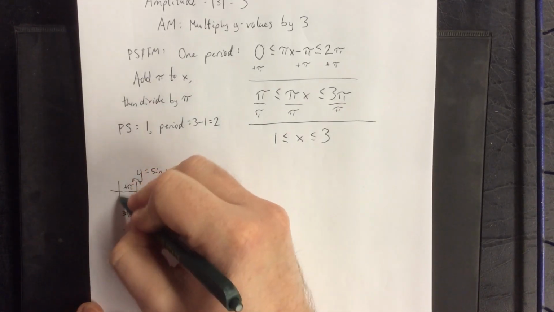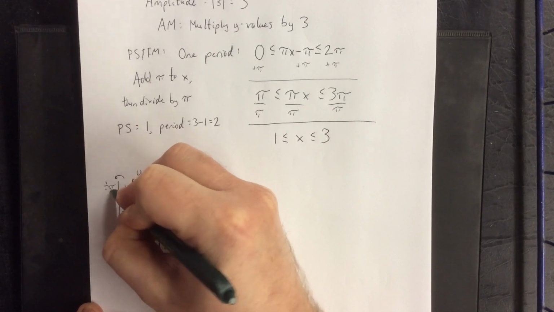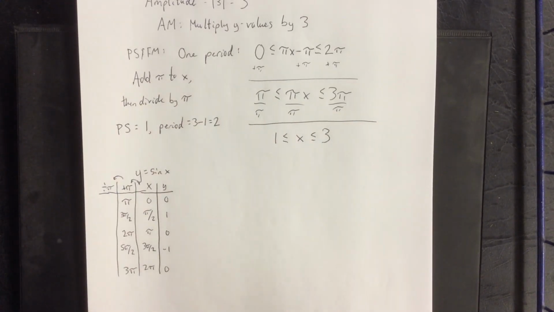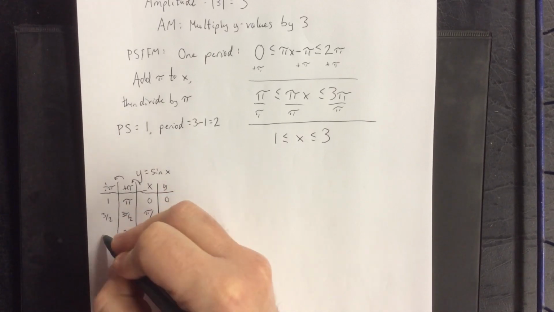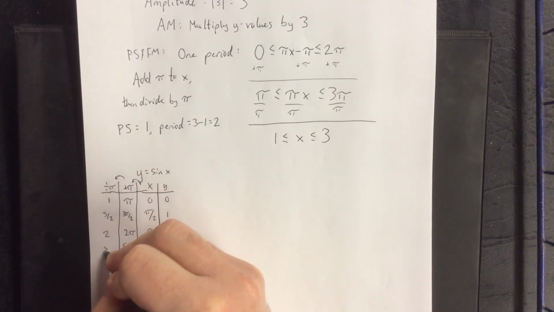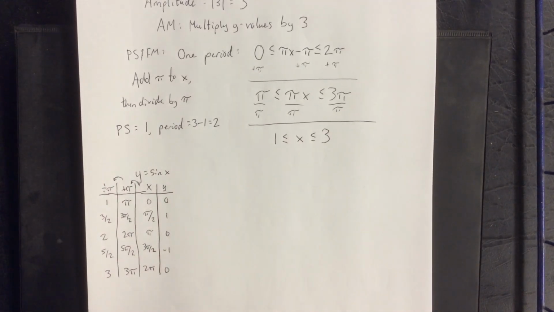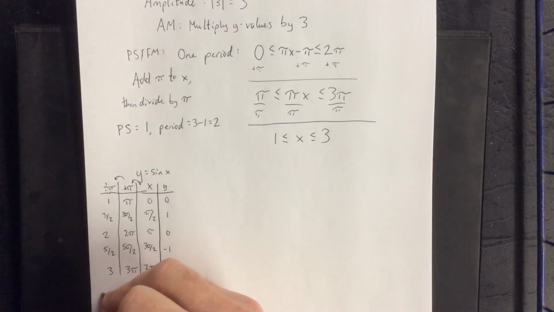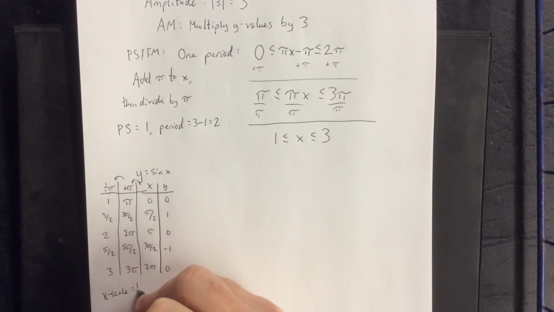Then we'll apply our frequency modulation and divide by pi. All that that's going to do is simply cancel out all of the factors of pi, and we'll get 1, 3 halves, 2, 5 halves, and 3. Now, the difference between consecutive x values is 1/2, so I'm going to use an x scale of 1/2 when I graph this.